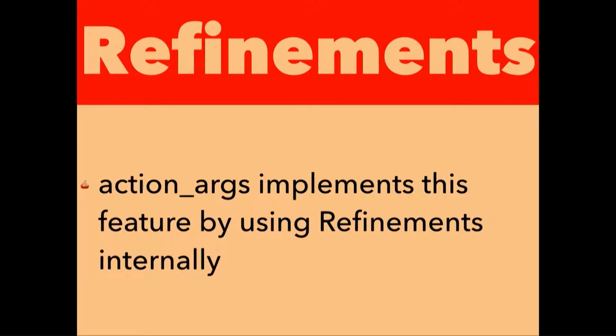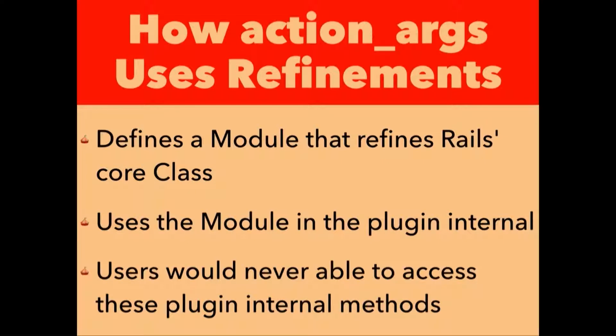Action Args implements this feature using refinements internally. It defines a module that refines Action Controller, then uses the module only in the plugin's internals. So users will never be able to access these ugly monkey patches.